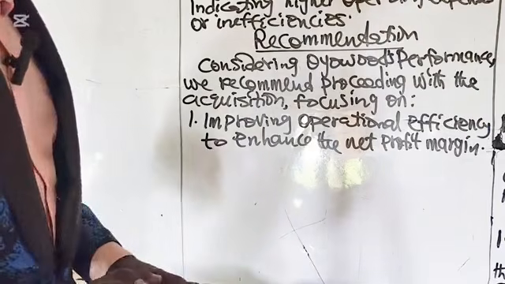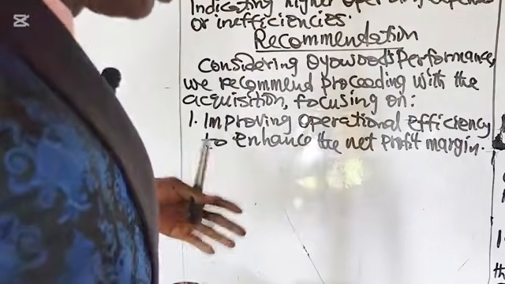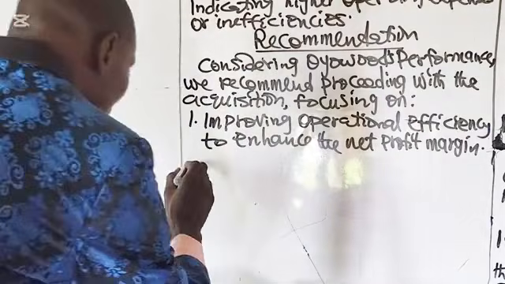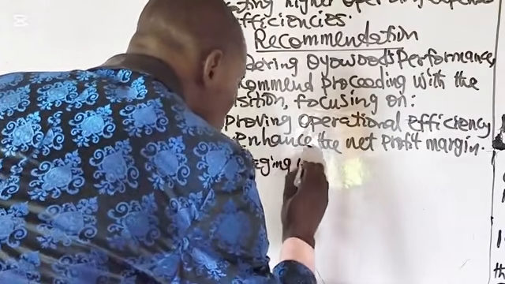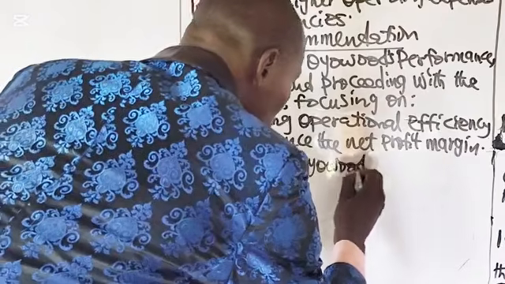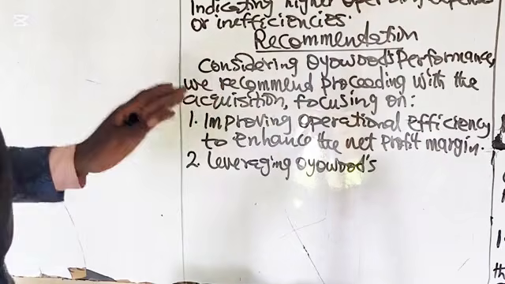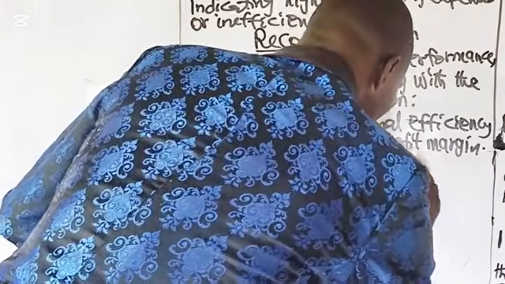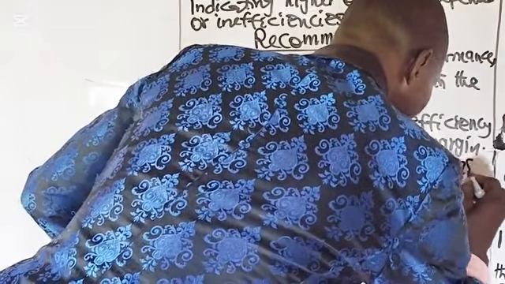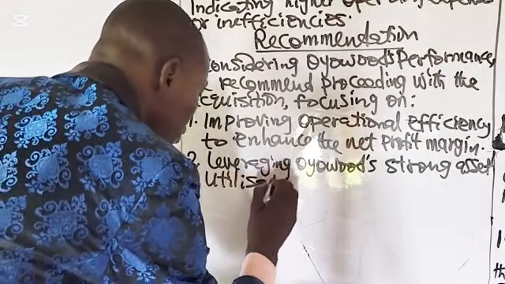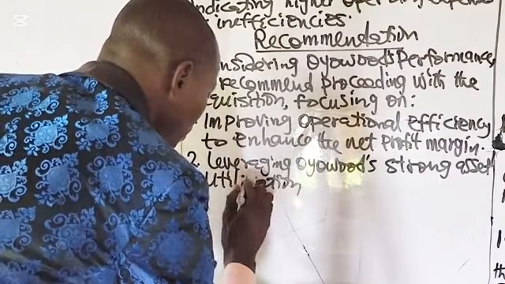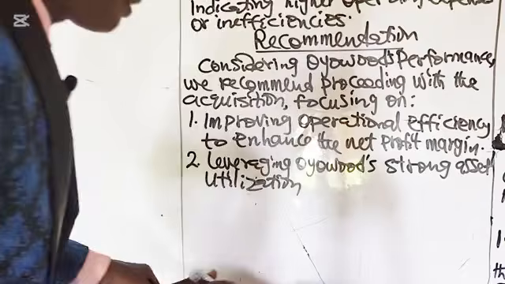They should try to maintain it. So number two, leveraging Oyo Wood's strong asset utilization to drive growth.